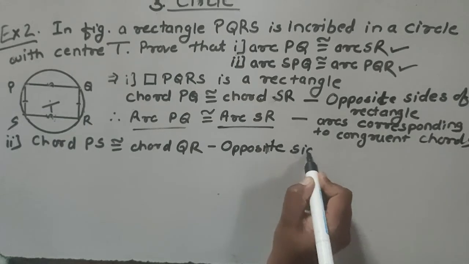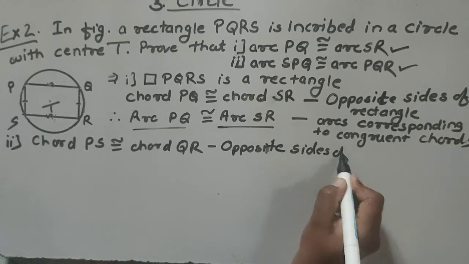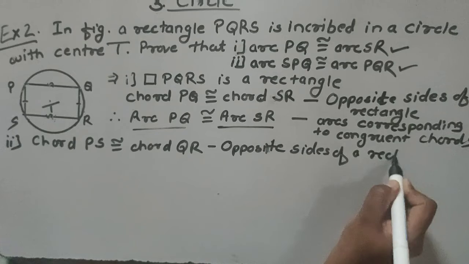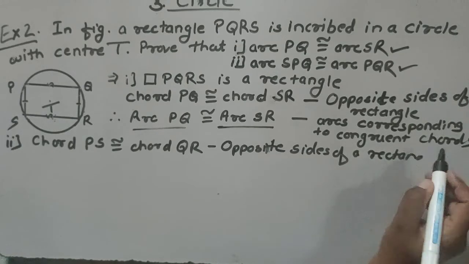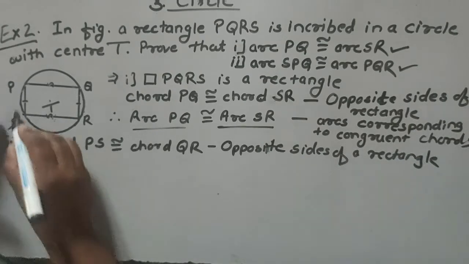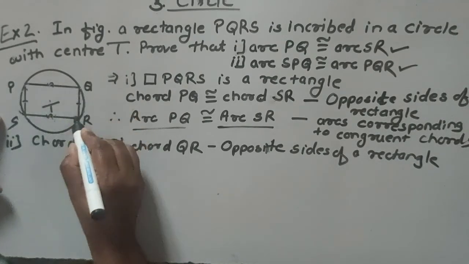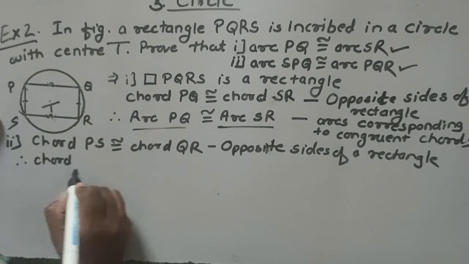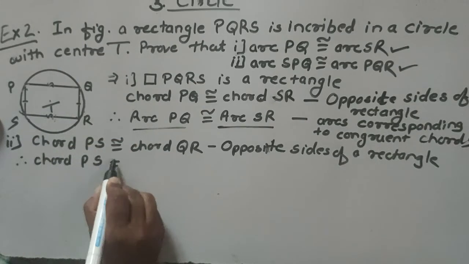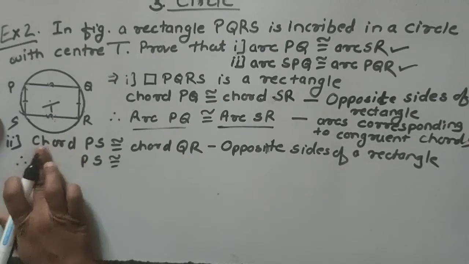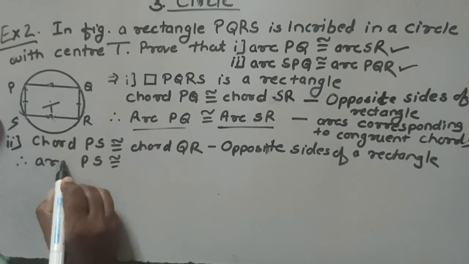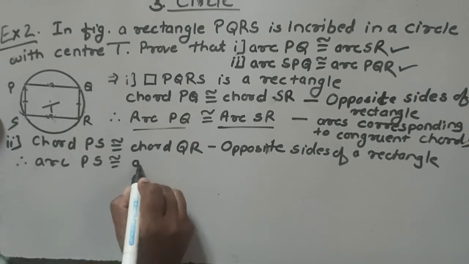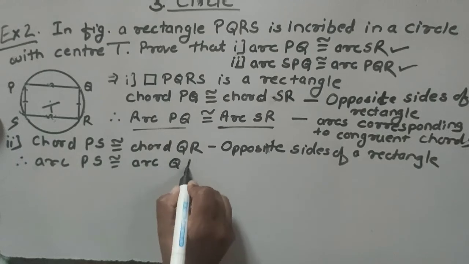Opposite sides of a rectangle. Okay, just now we saw that in that way. What if these chords are congruent? Corresponding arcs are also congruent. Therefore here chord PS is congruent to chord QR, so arc PS is congruent to arc QR.